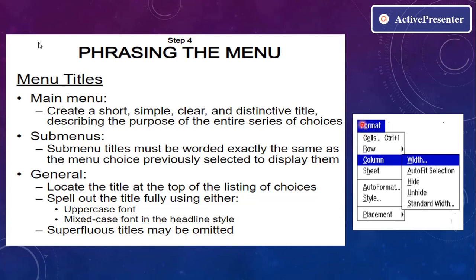The first letter should be uppercase, or if you have somewhat longer lines, then you may have to use mixed case fonts also. Superfluous titles should be omitted. That means any titles which are very difficult to understand should always be avoided. That is one more point we have to remember here.